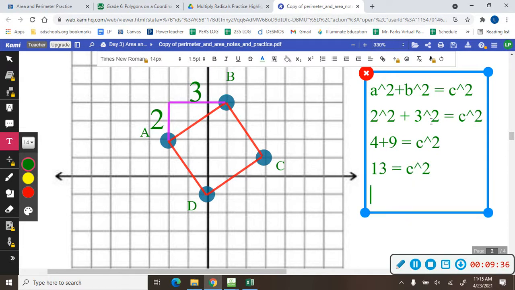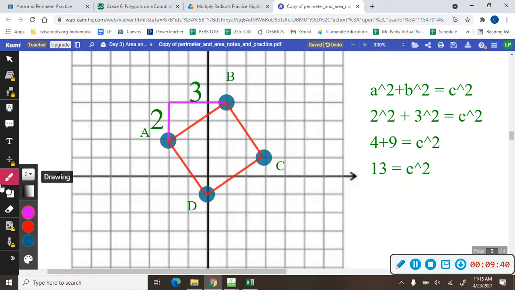Take the square root, and I get the square root of 13 equals C.